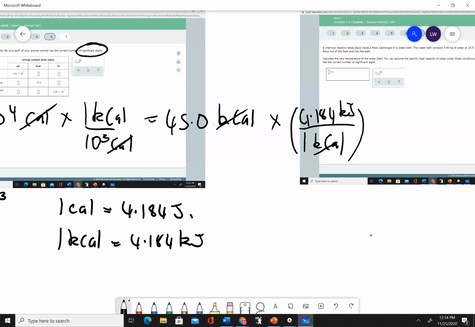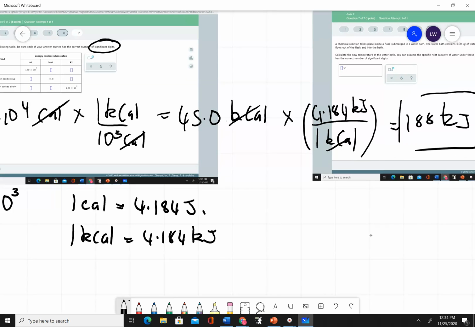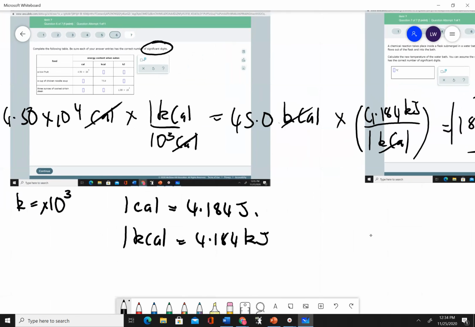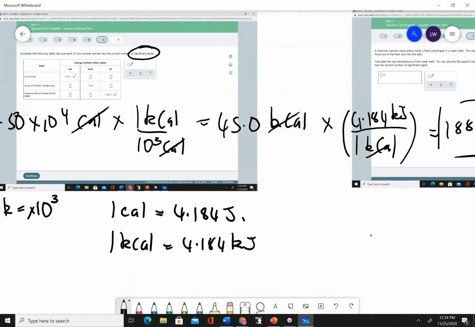So 45 times 4.184 gives me 188 kilojoules. Okay, so we got the first one done. Not bad. So we've got 45.0 and 188. All right, let's go on and do the next one.